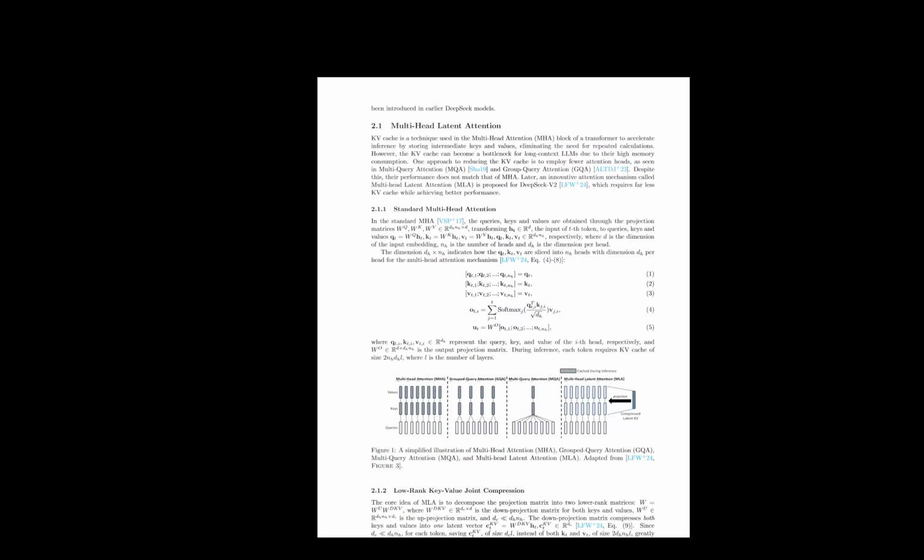The down projection matrix compresses both keys and values into one latent vector c^KV_t = W^DKV h_t, with c^KV_t ∈ R^(d_c) [LFW+24, Eq. 9]. Since d_c ≪ d_h·n_h, for each token, saving c^KV_t of size d_c·L instead of both k_t and v_t of size 2·d_h·n_h·L greatly reduces the KV cache.